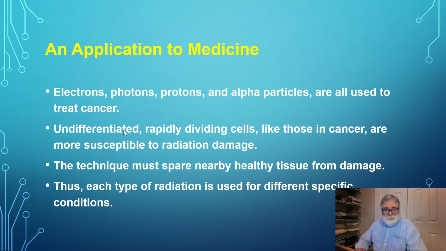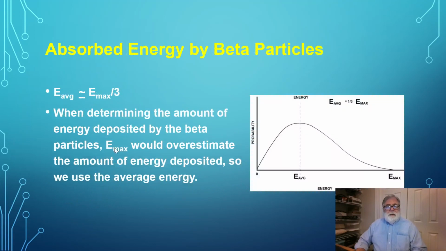Now I want to talk a little bit about an application. I do want to point out that if we're trying to determine the amount of energy deposited in a material, in a person, in water, in any material, then we're going to be interested in using the average energy.